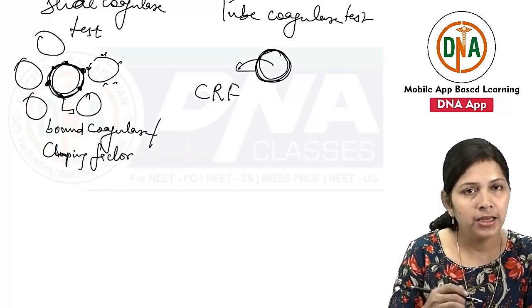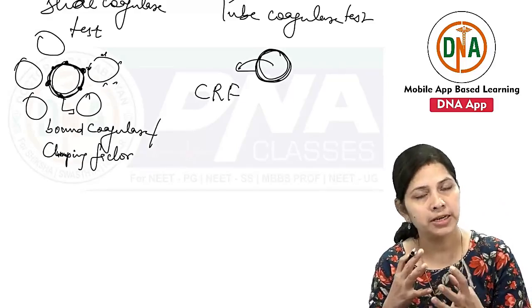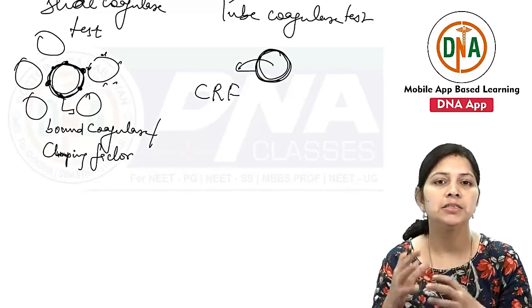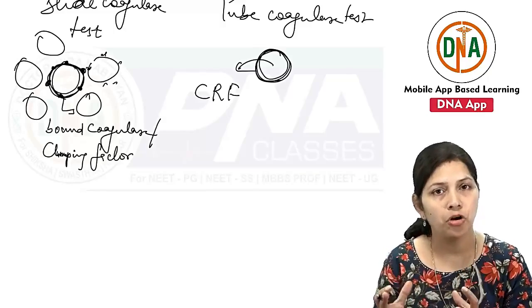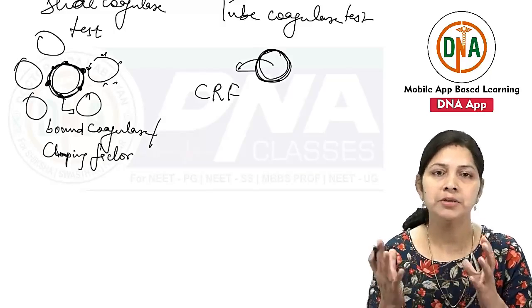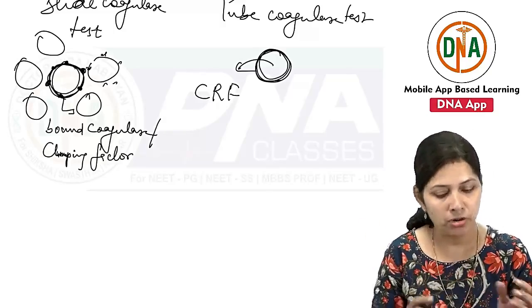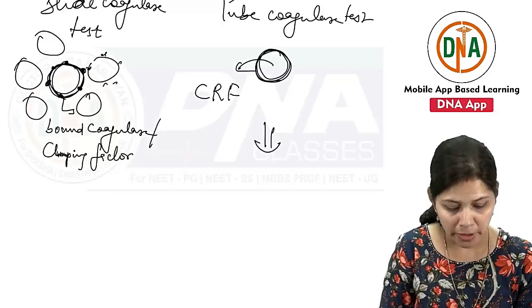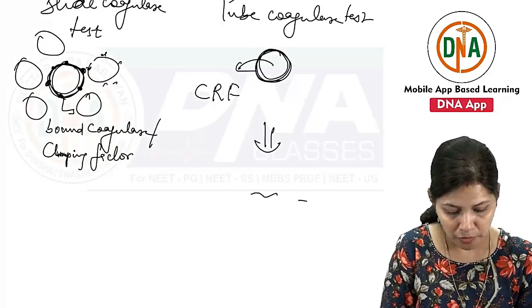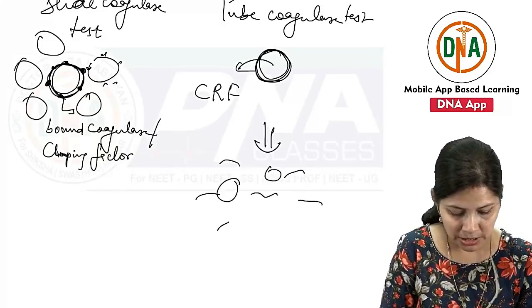Okay, and ultimately it results in the formation of a clot, because coagulase enzyme ultimately with the fibrin makes a clot. So ultimately it forms a coagulum made up of fibrin and the various cells.